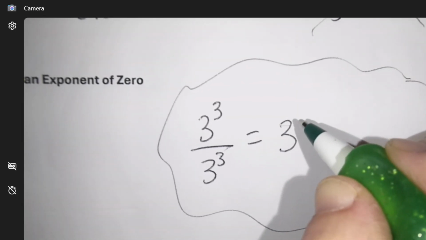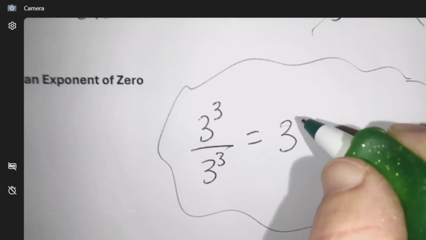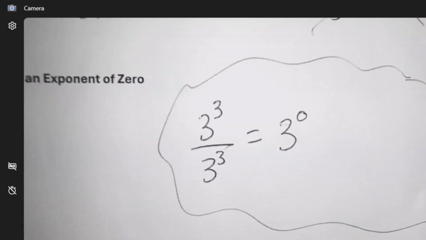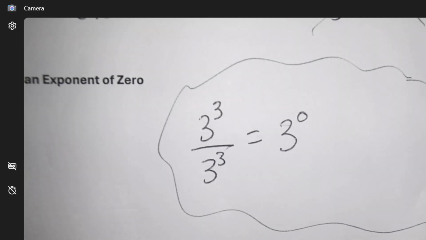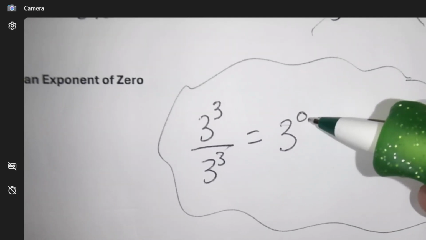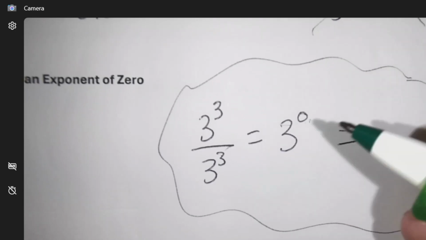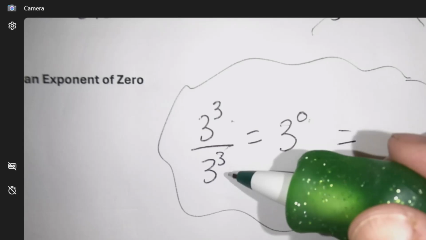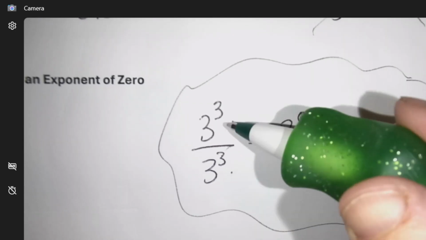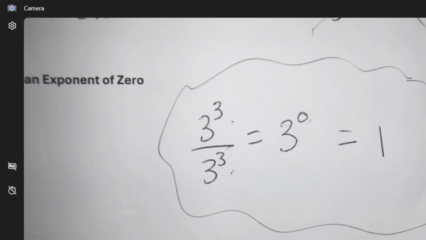So what is this? 3 to the 0. What do you get when you subtract the exponents? 0. Okay. Now I have a question for you. What's anything divided by itself? Because that's what this is. 1. That's why it happens.